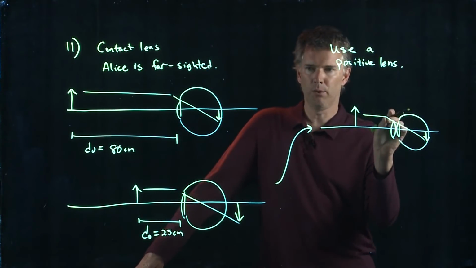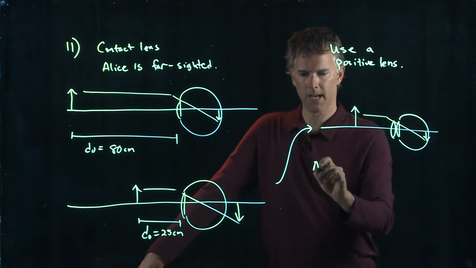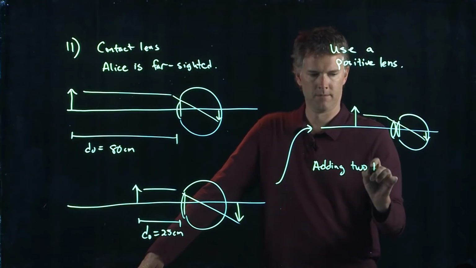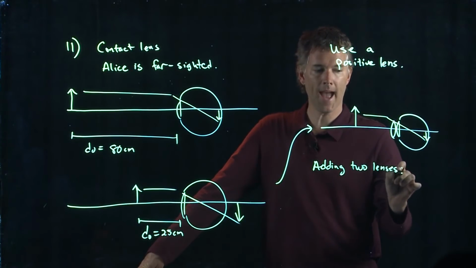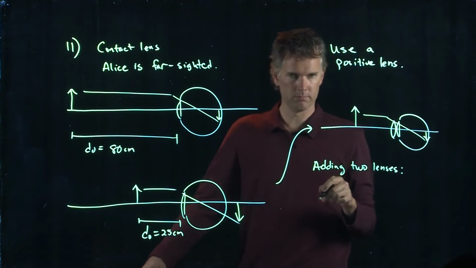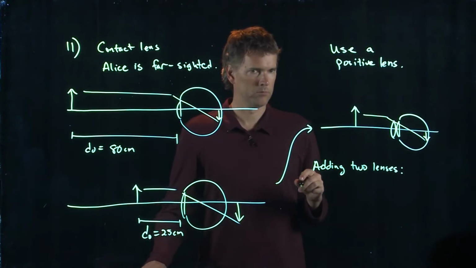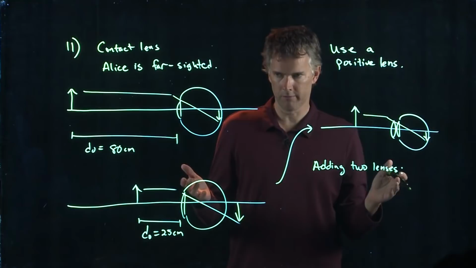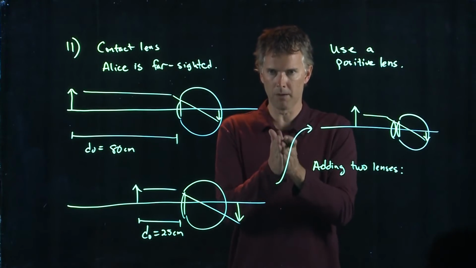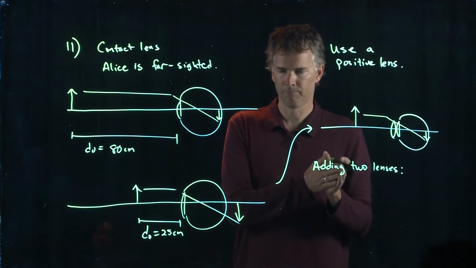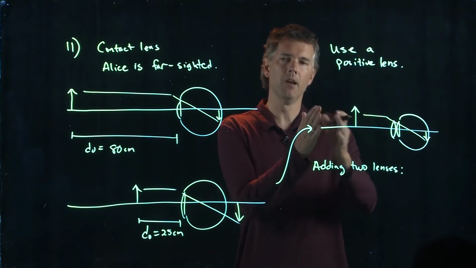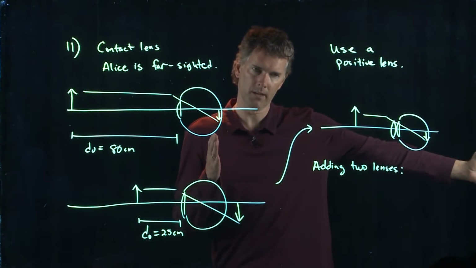So when you put two lenses together, do you add their focal lengths? If I have f1 and f2, is the resulting focal length going to be f1 plus f2? No. That doesn't sound right, because that would be a much longer focal length lens.